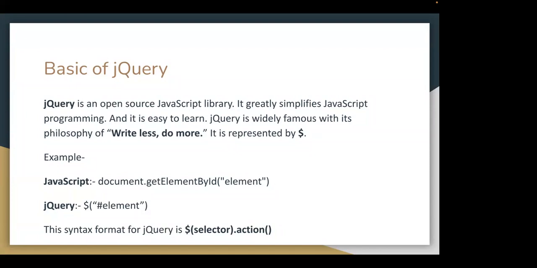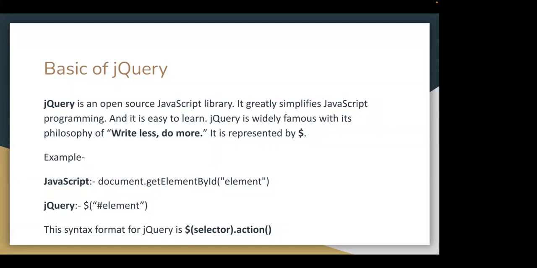For example, in JavaScript, if you need to select an element, you have to write document.getElementById and put the id in quotation marks. But in jQuery, you just need to put a dollar sign and brackets and the id with the hash.